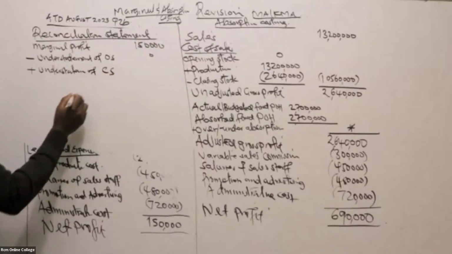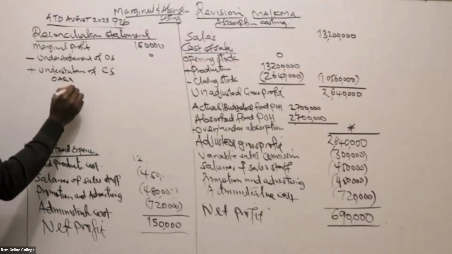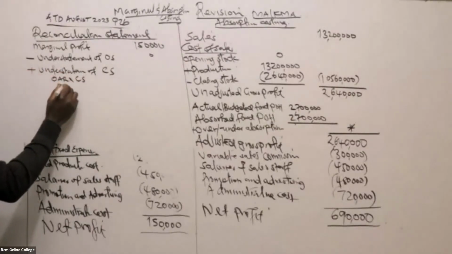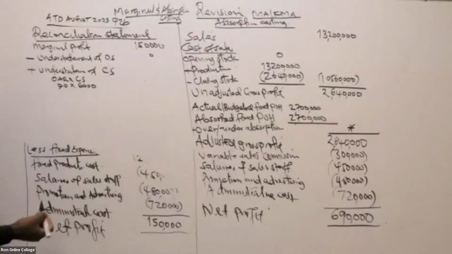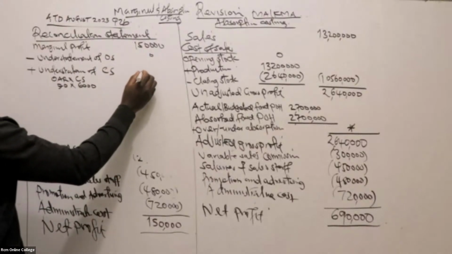of closing stock. How do you get the understatement? You take overhead absorption rate times closing stock. Our overhead absorption rate was 90. We multiply by closing stock, which is 6,000. 90 by 6,000 is giving us 540.